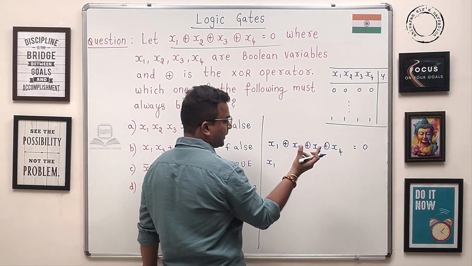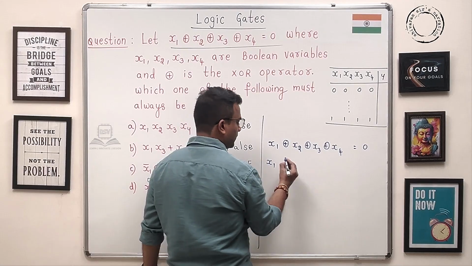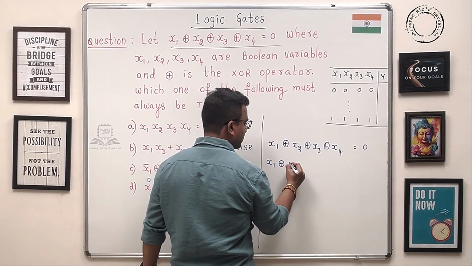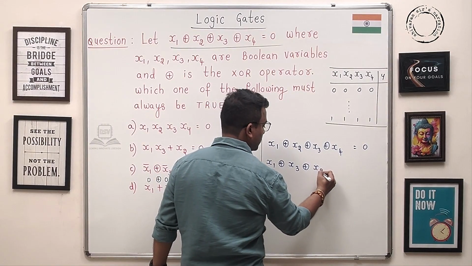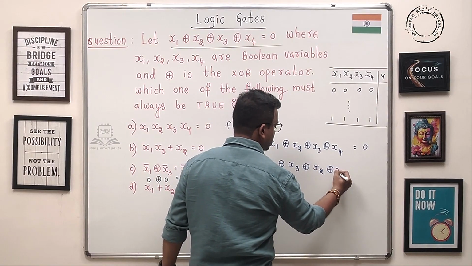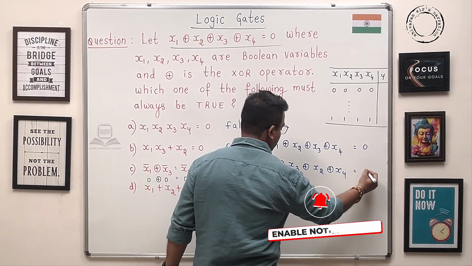Because for the XOR gate, the commutative property is allowed. Hence, it is x1 XOR x3 XOR x2 XOR x4 is equal to 0.